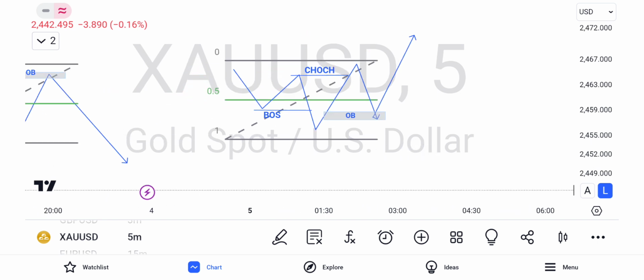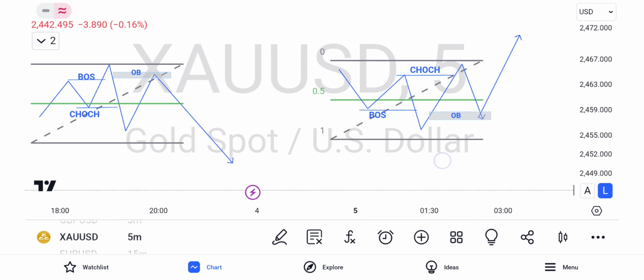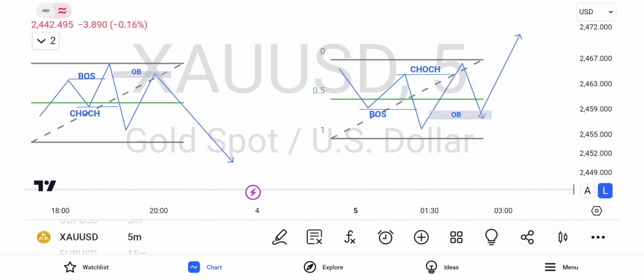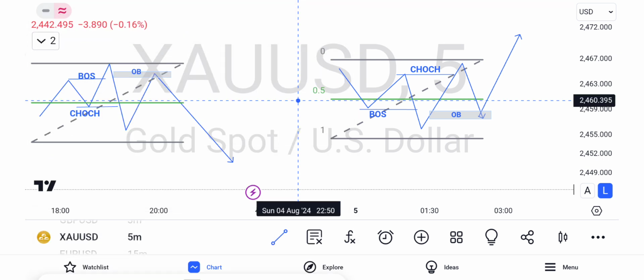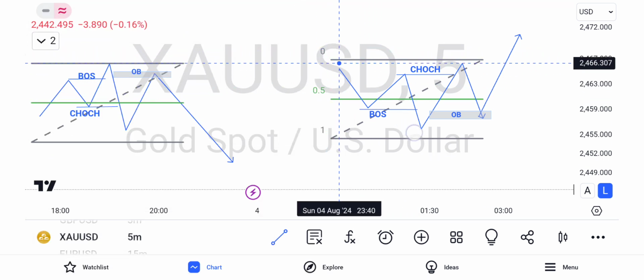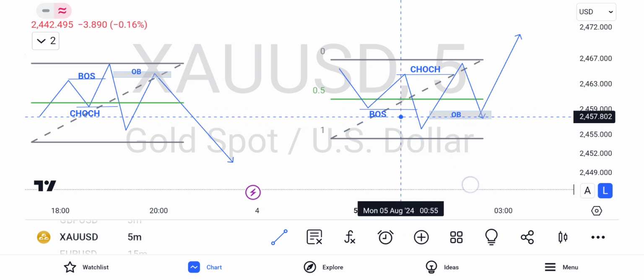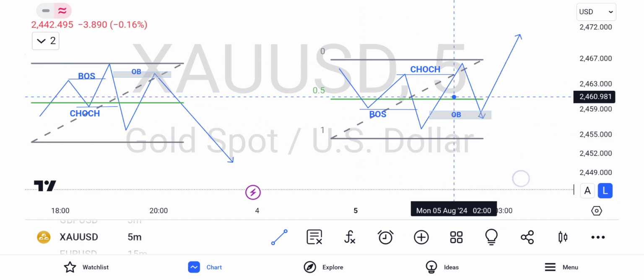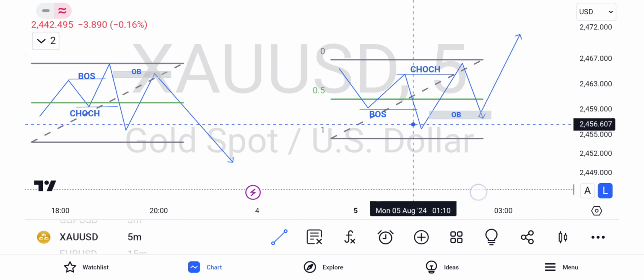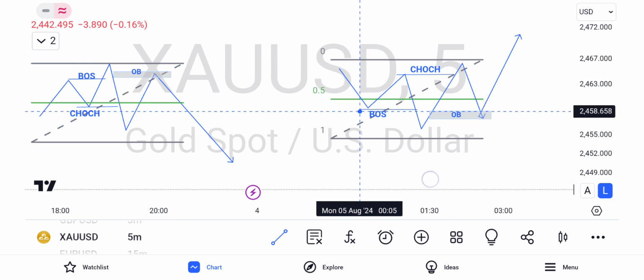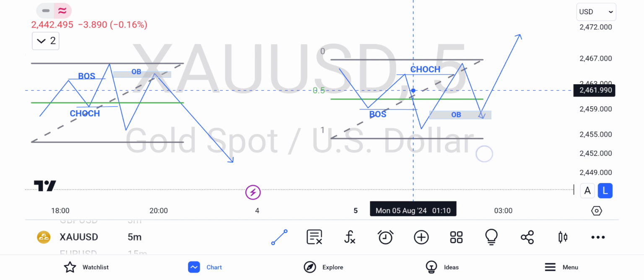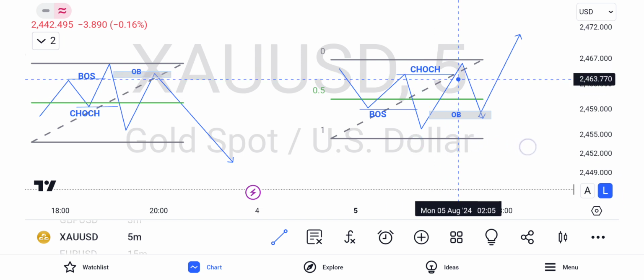All right, we move to the opposite of what we just reviewed. Take for instance, price is trading downward in an impulsive move on a higher time frame. We draw our Fibonacci tool, then move down to a lower time frame to identify the break of structure and the change of character.